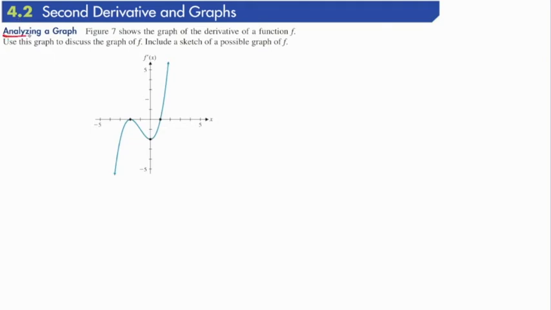So on this slide, we are analyzing the graph, and in the figure, it shows the graph of the derivative of the function f, and we're going to use this graph to discuss the graph of f. Remember, this graph that we're shown is actually the derivative, which means that each of these ordered pairs are x and a tangent slope at x.